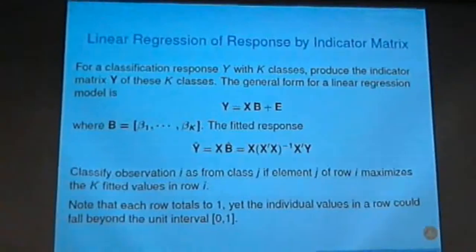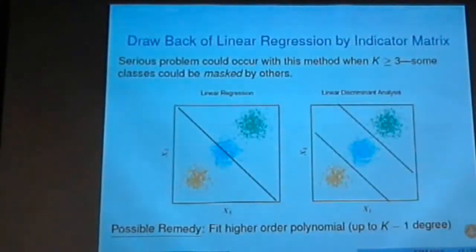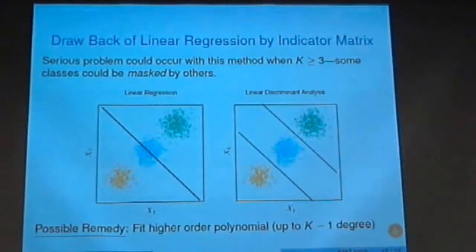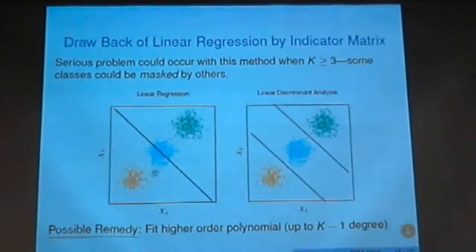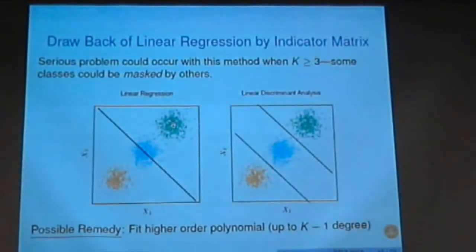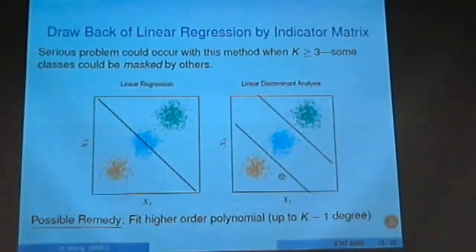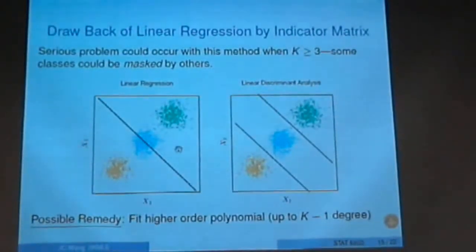Now usually this poses some problems. The drawback of linear regression by indicator matrix is that if you have 3 classes like this, the method tends to have only one separator. Actually we need 2 lines to separate the classes.